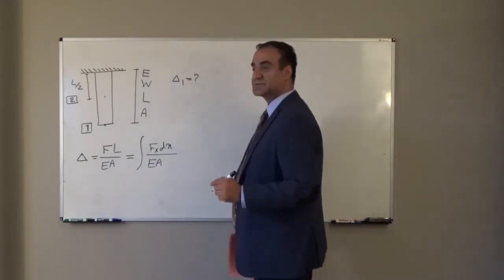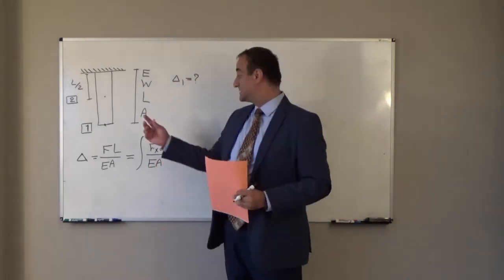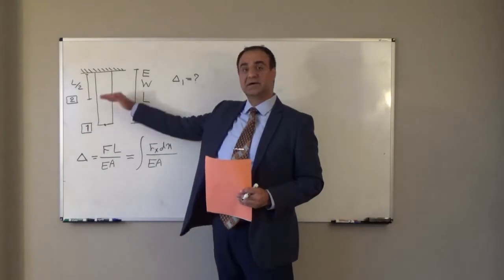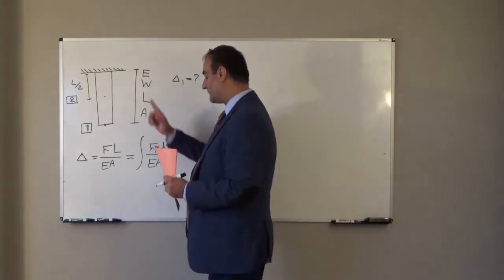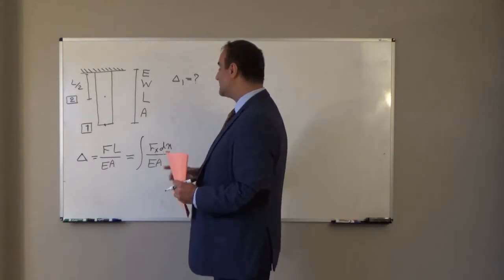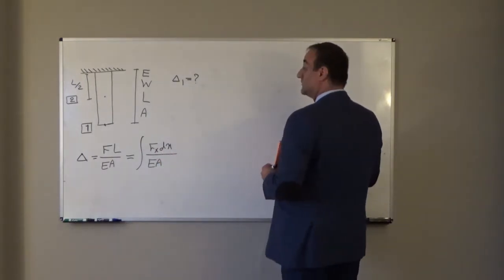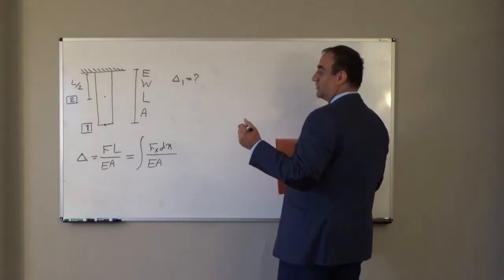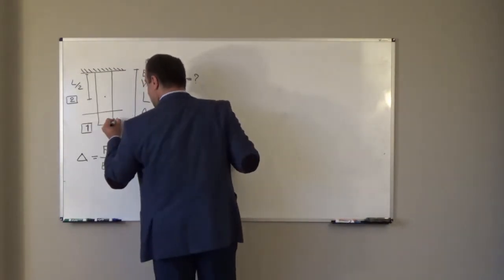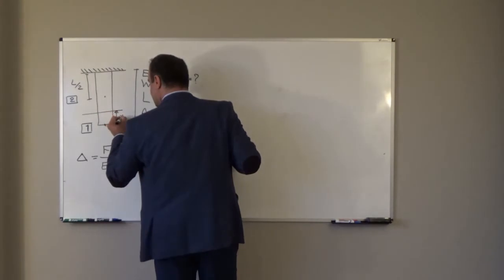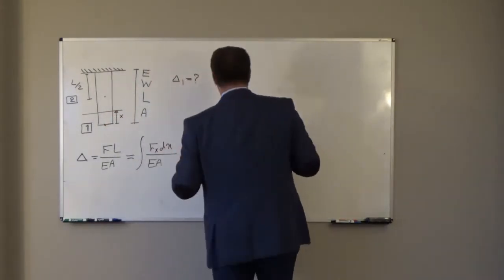E, Young modulus, is a constant number, not a function. In this example, cross-sectional area is constant, so it is not a function of x, the location of the cut. But the external load will be a function of the cut point. So I assume I cut this at x distance from free end. What is the weight?